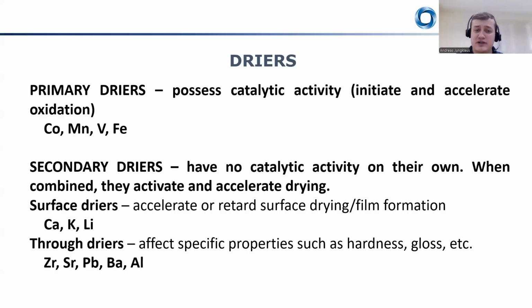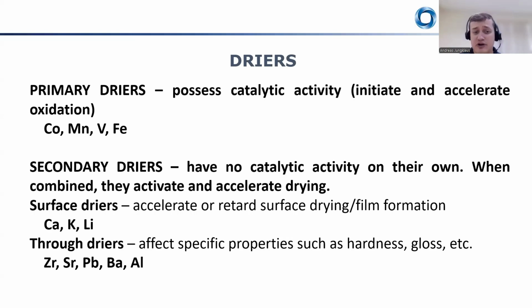The primary dryers are catalysts. They start and speed up oxidation. Think of them as the spark plugs of the drying process. They control how quickly the surface of the film dries.